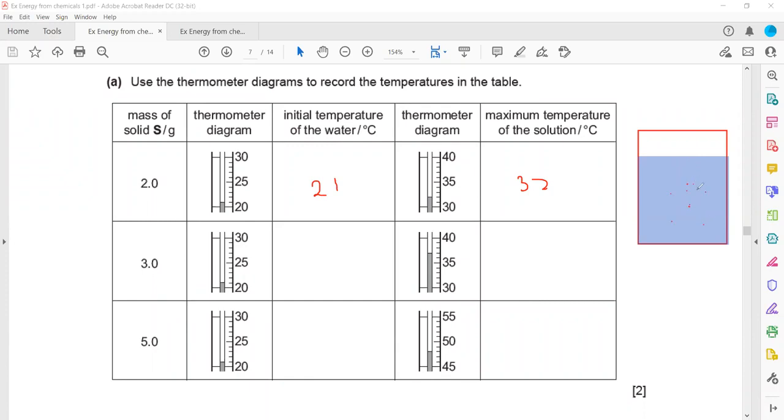In an exothermic reaction, they release energy. So when they react, they give out energy and that energy is absorbed by the water. That's why the water temperature is increasing. So always remember, whenever the temperature of the water or the solution increases, it means the reaction is exothermic. And if the temperature decreases, then the reaction will be endothermic.